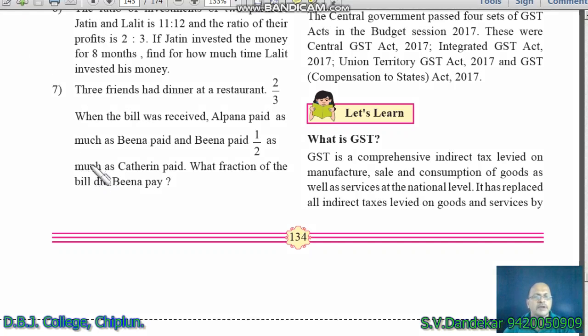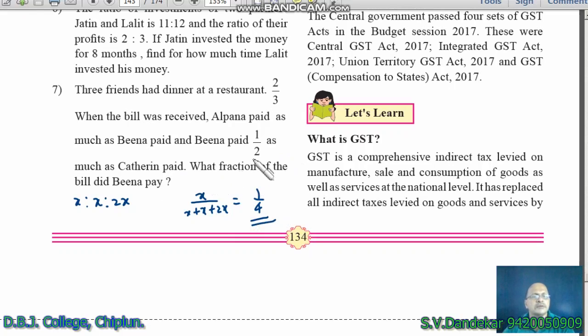Here I will assume that Alpana paid X rupees. Then Bina also paid X rupees. But Bina paid half as much as Catherine paid, so Catherine paid 2x rupees. So the ratio of their bills was x is to x is to 2x. So Bina's share is x upon x plus x plus 2x, that is 1 by 4.